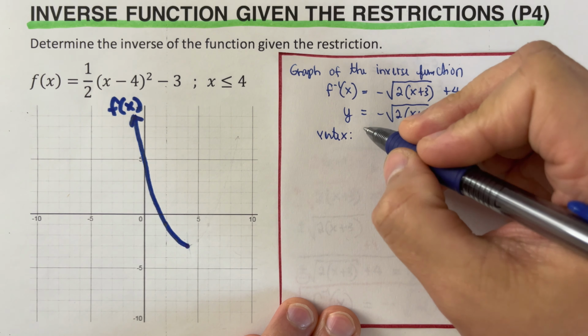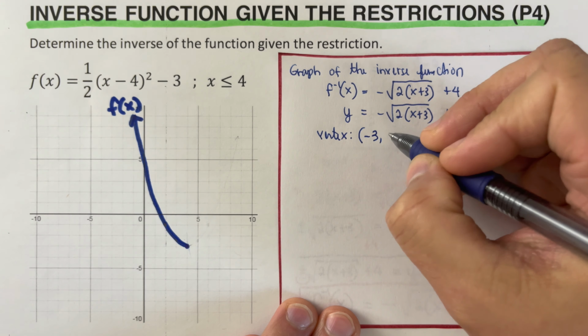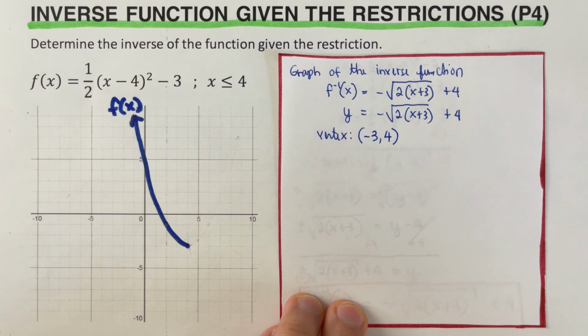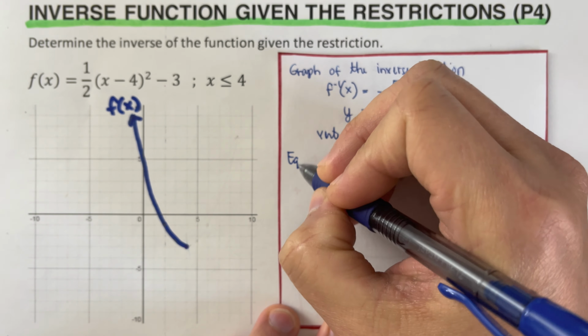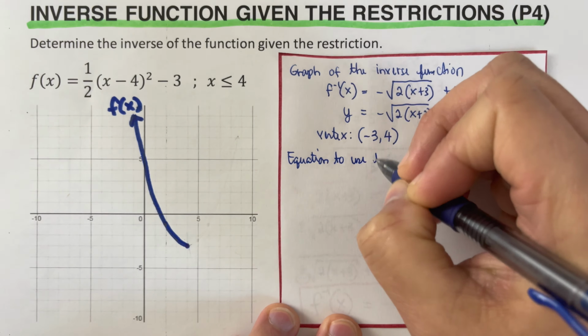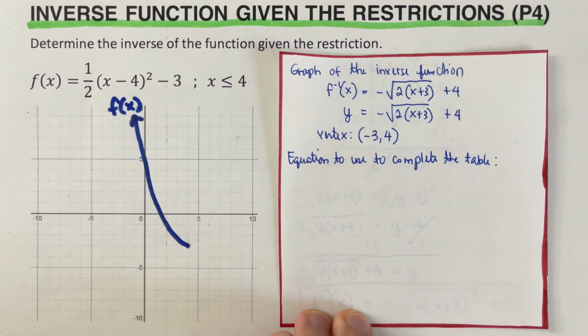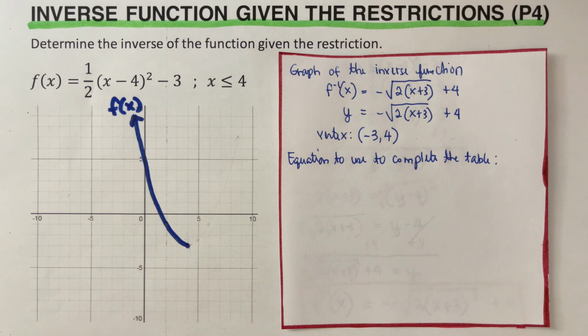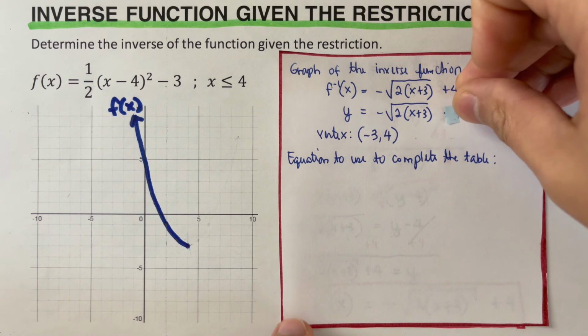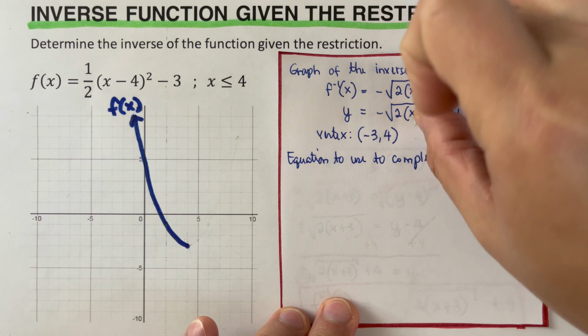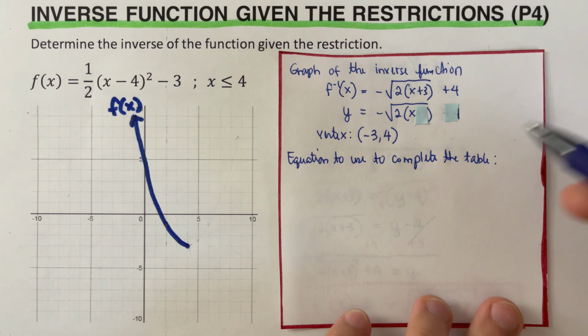So that means our vertex is located at negative 3, 4. So then we can go ahead and determine the equation to use to complete the table. In order to determine the equation to use to complete the table, we are supposed to cover the values of h and k.